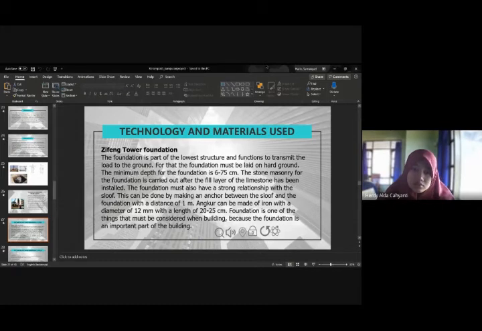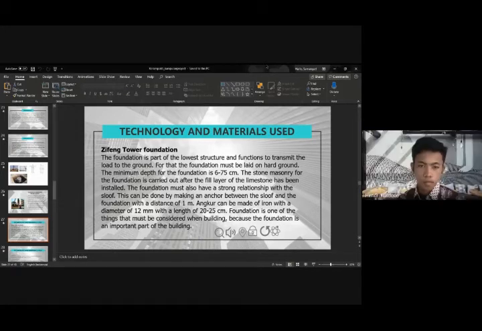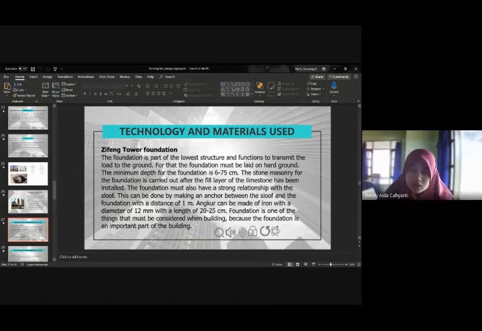The minimum depth for the portion is six to seven meters. The start of the problem is carrying out the work later.